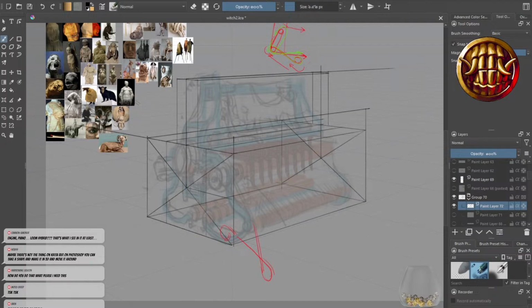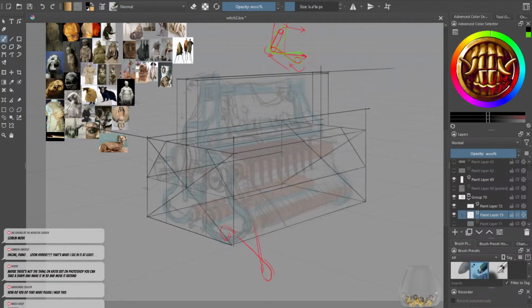Okay, and then we need. Am I gonna separate it here? There. And need a line here. There you go. Let's color it in just so you can get a bit of a better idea of what the hell I'm actually doing.